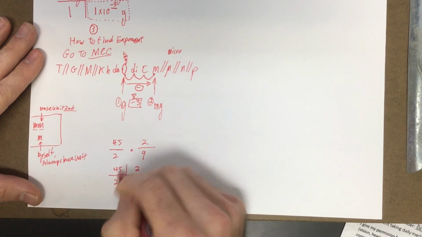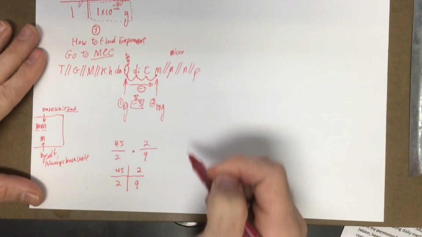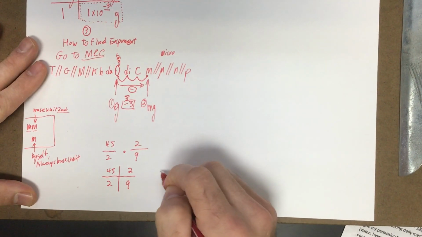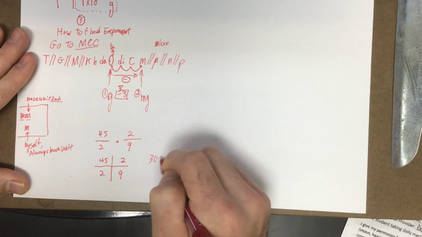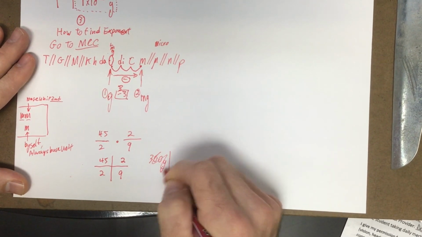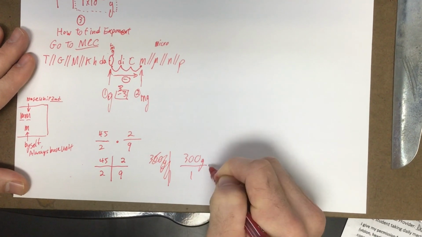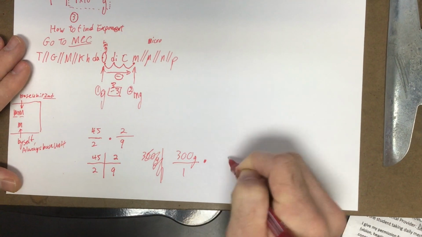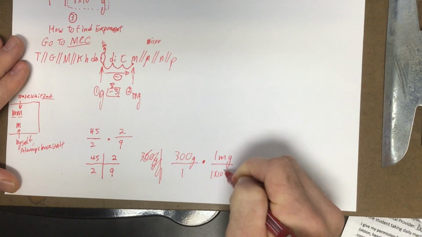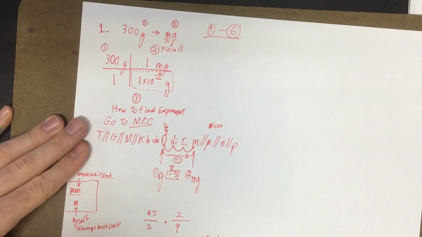These are the same things, just two different representations. So if I was writing this up here, I could write it in fraction form as 300 grams divided by 1 times 1 milligram divided by 1 times 10 to the negative third grams. Okay. All right, now let's just solve the rest of the problem.